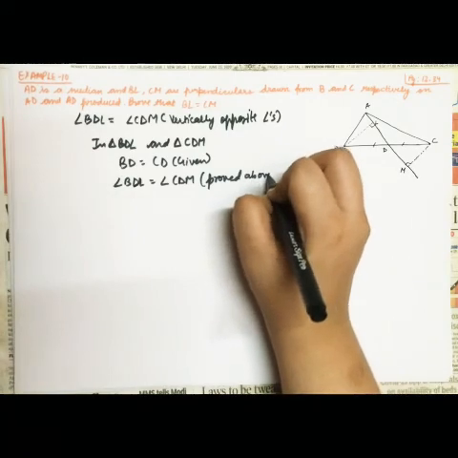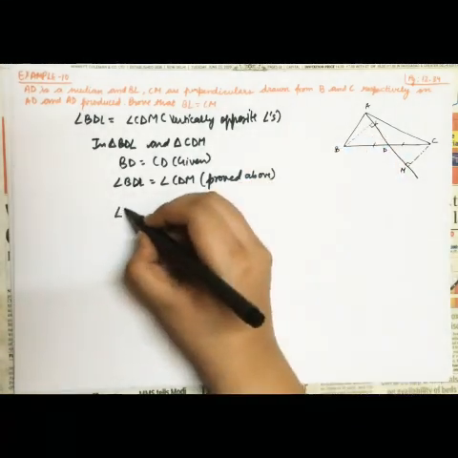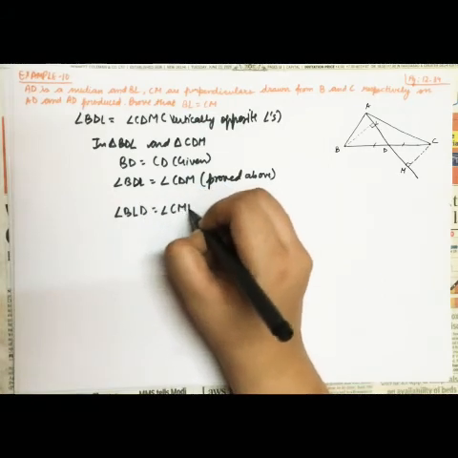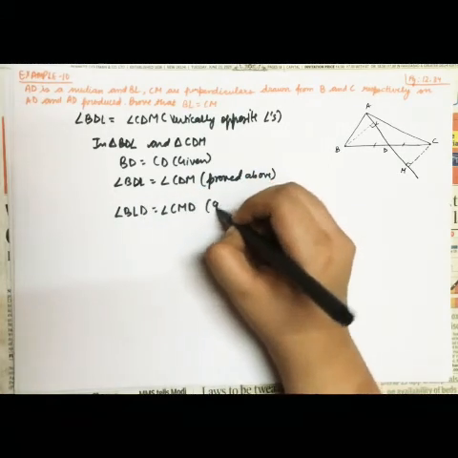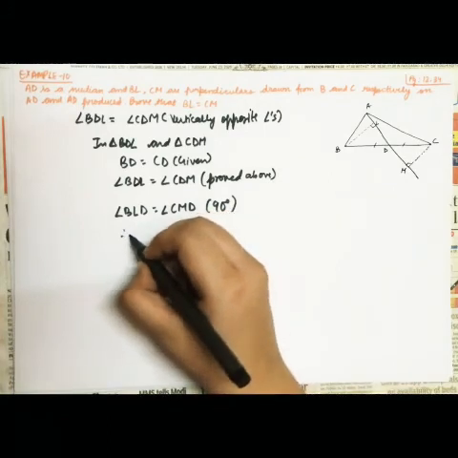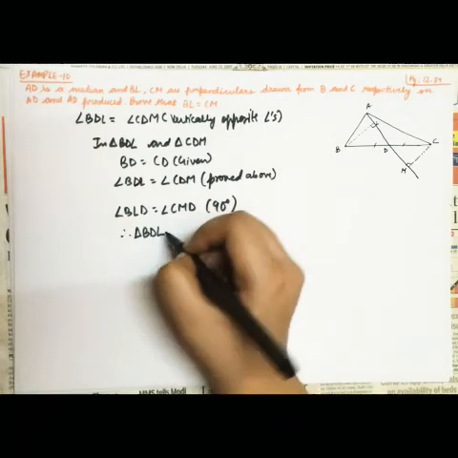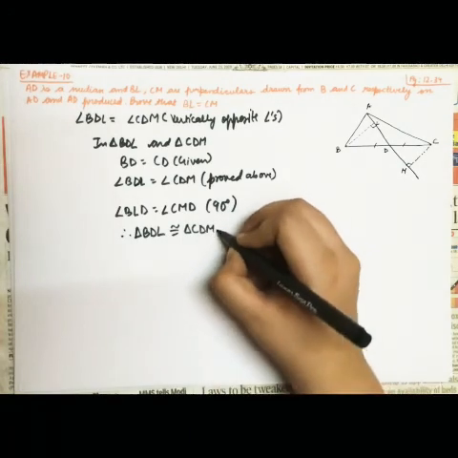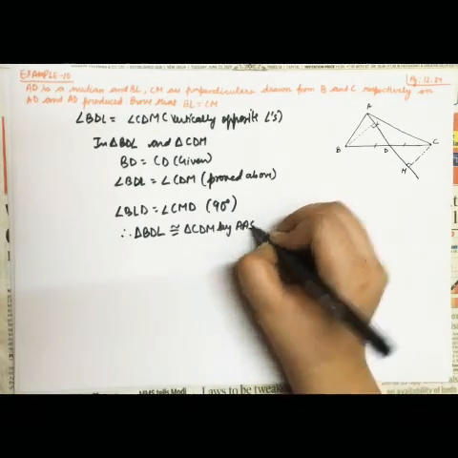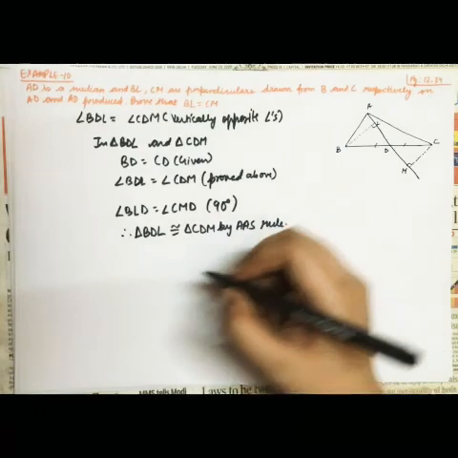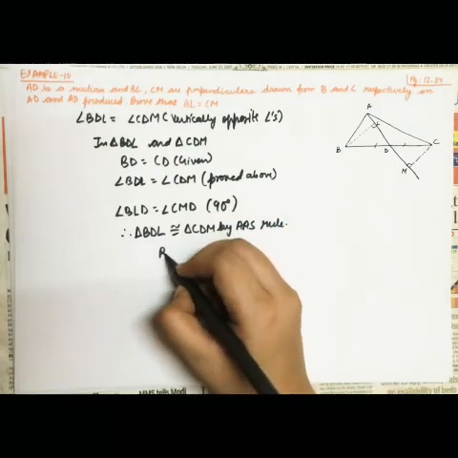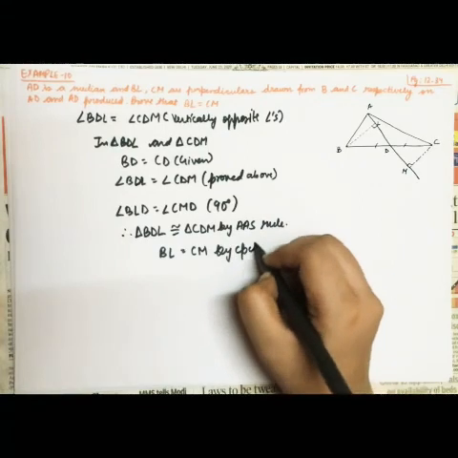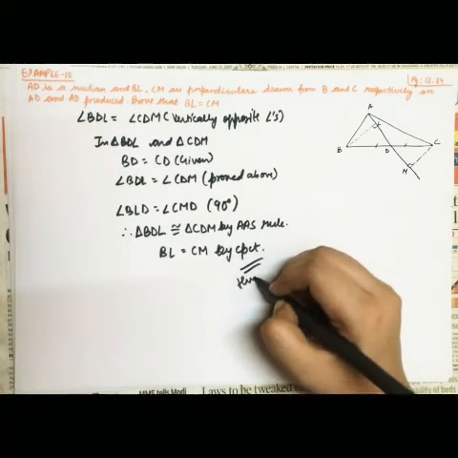Now angle BLD is equal to angle CMD as they both are 90 degrees. Therefore, triangle BDL is congruent to triangle CDM by AAS rule. Now we can say that BL is equal to CM by CPCT. Hence proved.